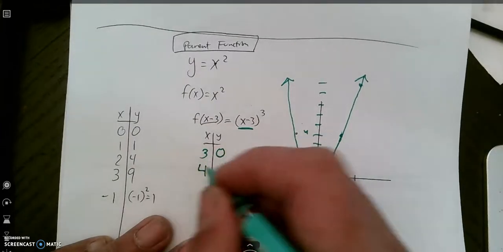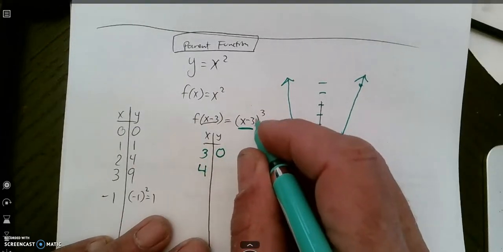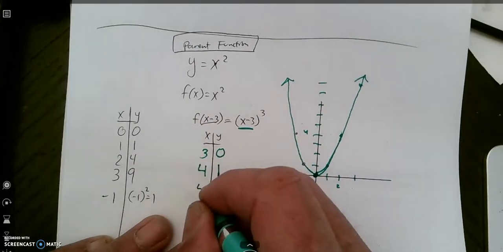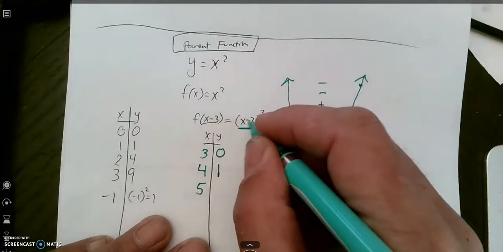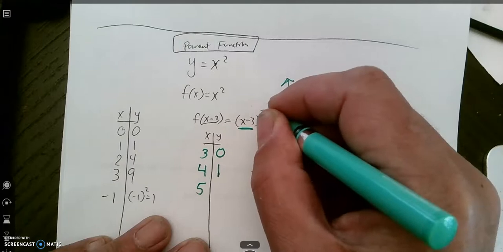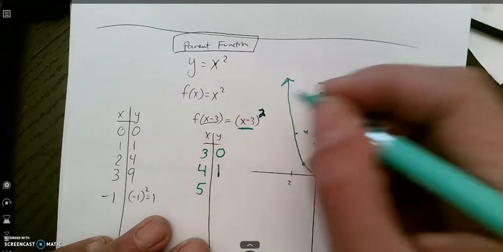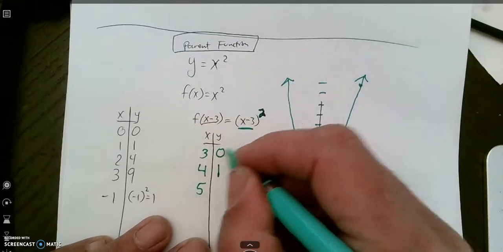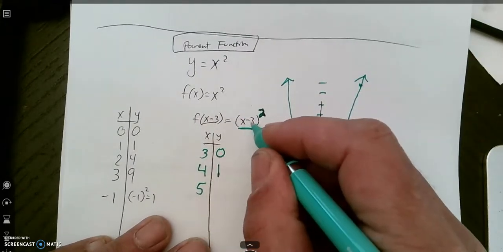So it shifts all of our points over by 3. When we plug in 4, 4 minus 3 would be 1. I'm sorry, that should have been the second power this whole time. I wrote the 3 twice. Sorry. So going back here. When you plug in 3, 3 minus 3 will be 0.